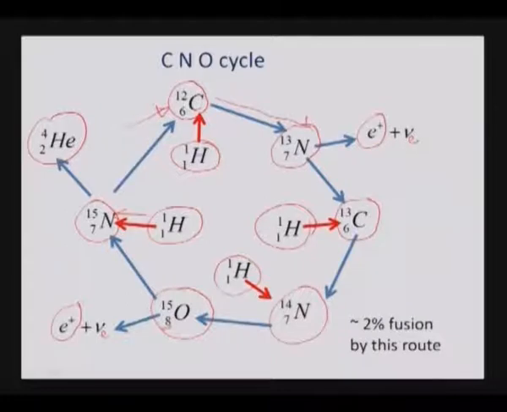So, we started with carbon 12 nucleus, total mass number 12, and after this whole cycle we created that carbon 12 once again back. So, carbon is not consumed, nitrogen is created and it is consumed, oxygen is created and it is consumed. So, nothing changes in carbon, nitrogen, oxygen composition.